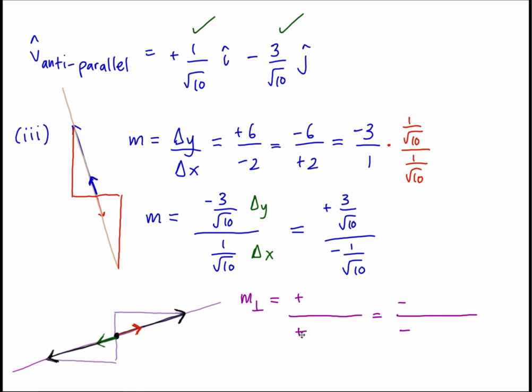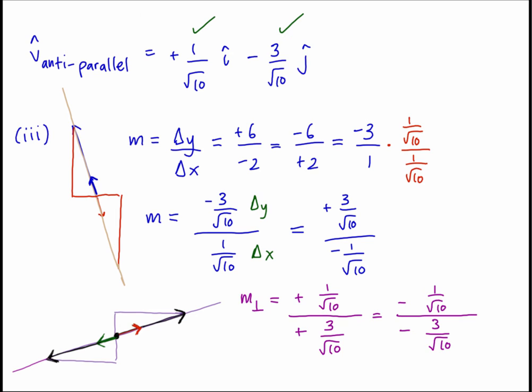And not only do we change the sign of the slope, but we also change the rise and the run, swapping them. So instead of having 1 over root 10 in the denominator, we have 1 over root 10 in the numerator, and vice versa for the 3 over root 10. And so this swapping of rise and run from one line to a perpendicular line is what we can use to build our unit orthogonal vectors.